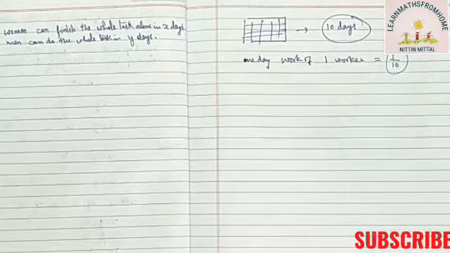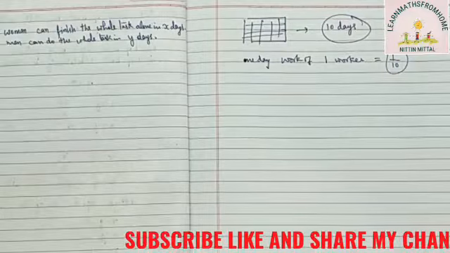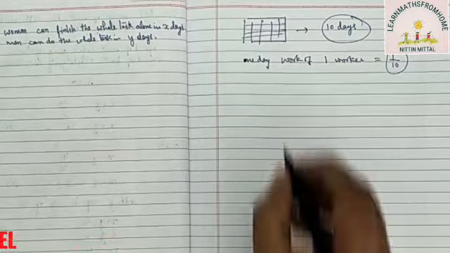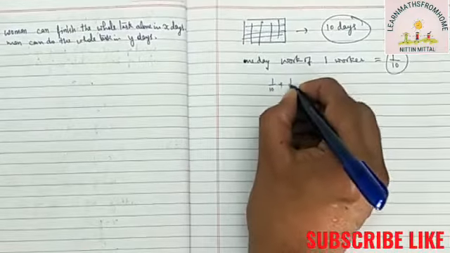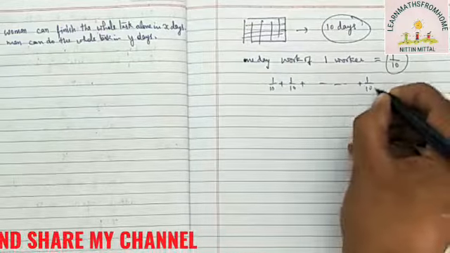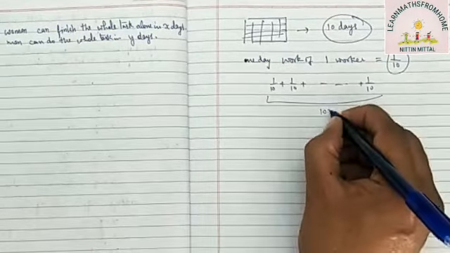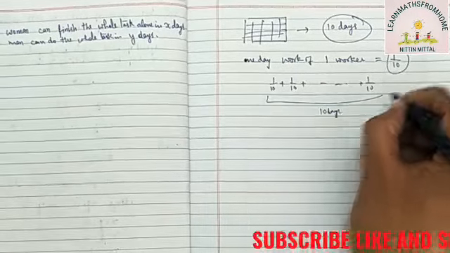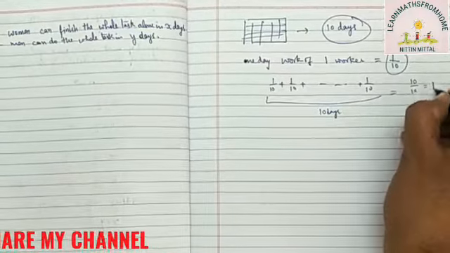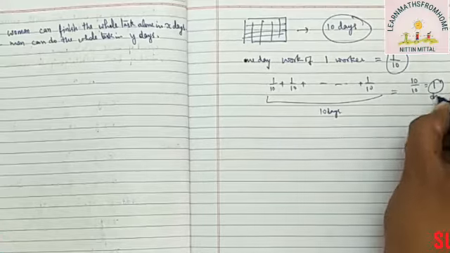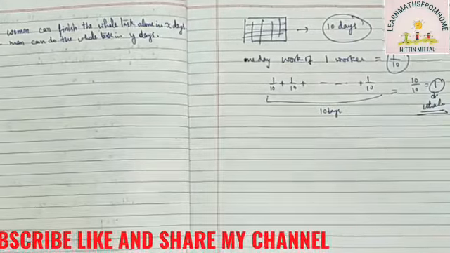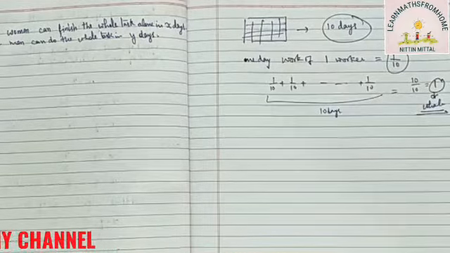So he will build 1/10 of the wall in 1 day. Every day he will build 1 by 10 of the wall, 1 by 10, 1 by 10, and so on. So what will be the total work in 10 days? If you add, it will be 10 on 10 equal to 1, which means the whole task will be done, right?